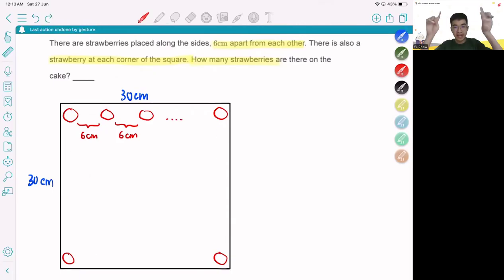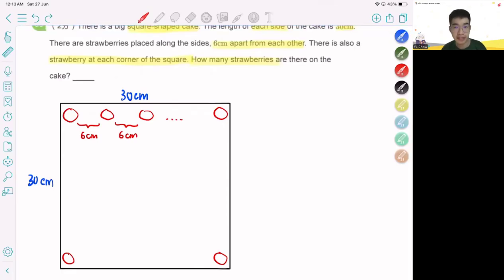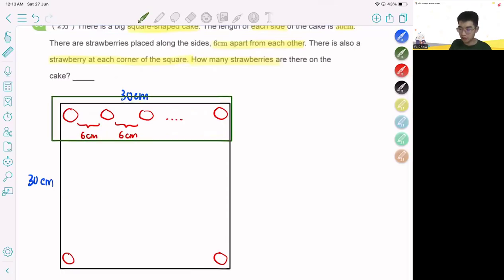Now, perhaps looking at an entire shape is a bit complicated. It's too much. It's okay. Let's focus on the line. Let's focus on one row. If we focus on one row, you will realize that the total length of the row is 30 centimeters, but each interval or each gap between two strawberries is 6 centimeters.